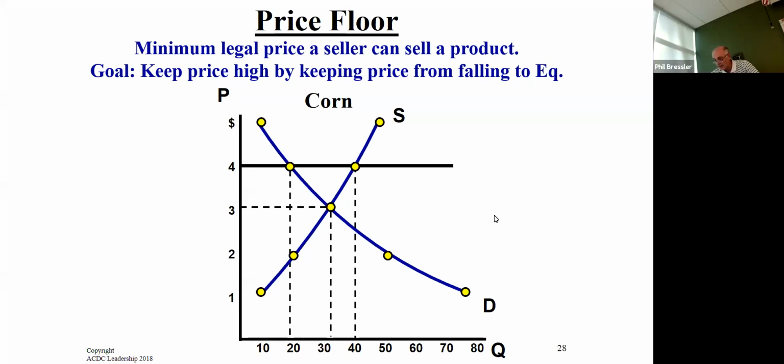Because you're supplying 40 and people are demanding 20. So anytime you're above the equilibrium, and they call this a disequilibrium, you're going to get a surplus. And eventually, not if you have a price floor, but say they take the floor away, you're going to go down to the equilibrium. So if they eliminated the price floor, you would go down to the equilibrium. So quantity demanded would increase, quantity supplied would decrease. And if you're below the equilibrium, you'll always have a shortage.